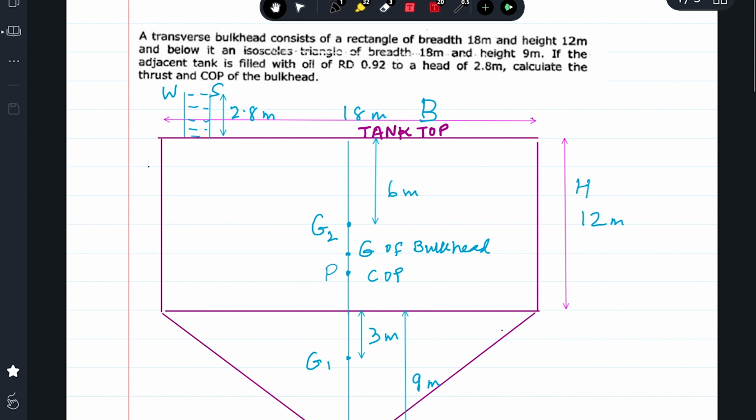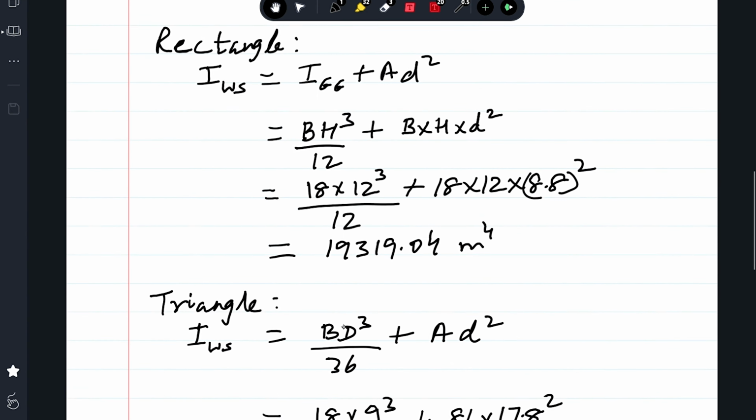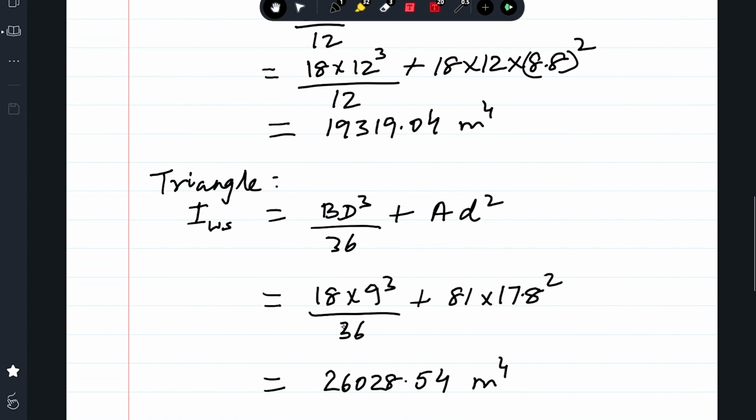So I am finding the moment of inertia of this triangle about the water surface. So it will be 2.8 plus 12 plus 3, that will be 17.8 meters, D square. So I get 26028.54. This is the moment of inertia of the triangle about the water surface.